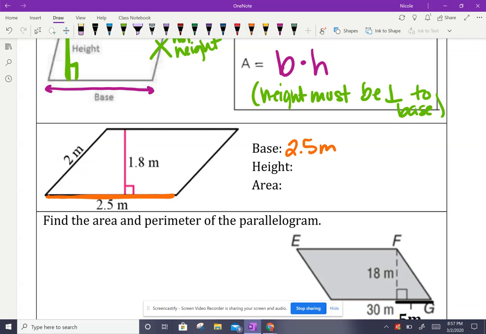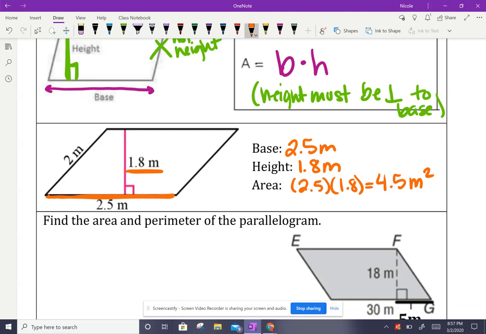I don't need that information. I want this height, 1.8 meters, like that. So my area is base times height, so I'm going to take 2.5 times 1.8, and that's going to give me 4.5 meters squared.